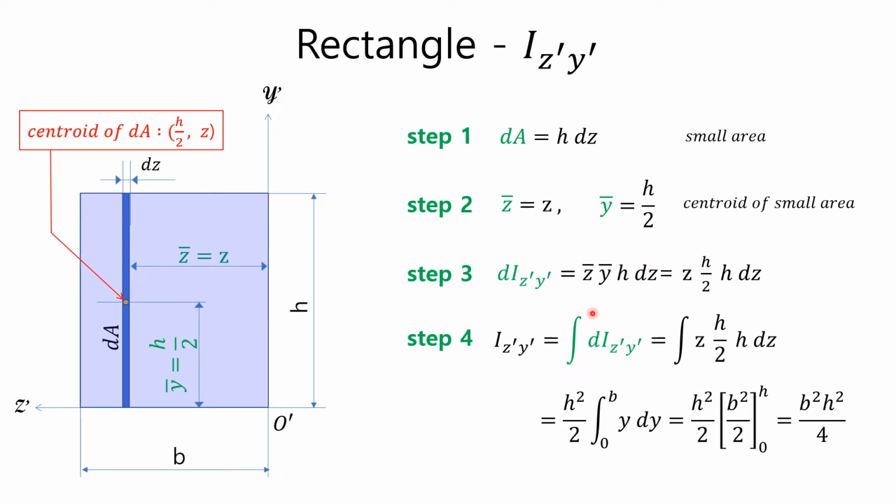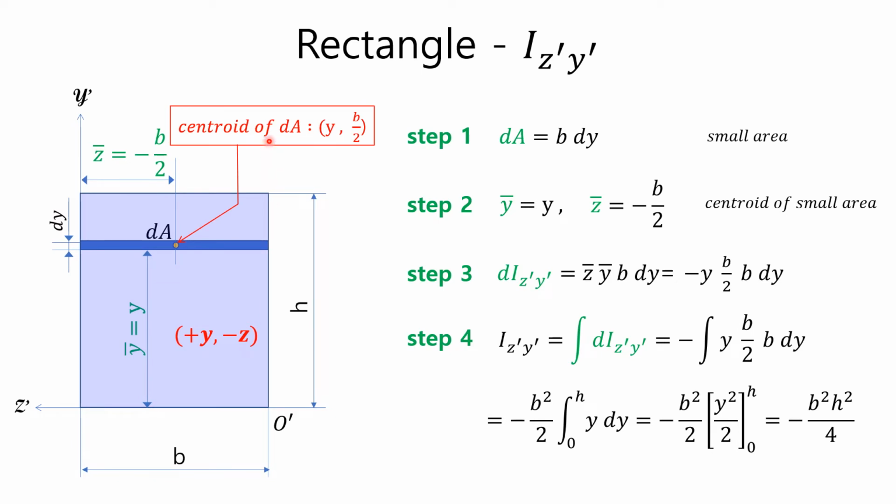In the third step, dIzy prime can be expressed as z times h/2 times h dz. In the fourth step, we integrate dIzy prime to have b squared h squared over 4. This result is exactly the same as before.